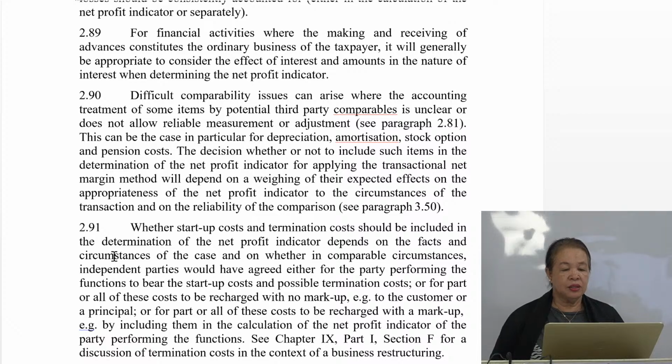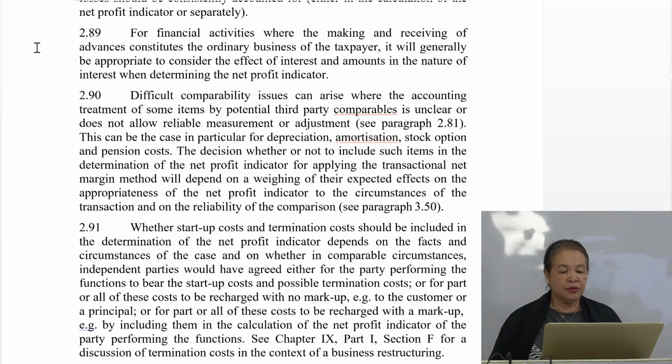So difficult comparability issues can arise where the accounting treatment of some items by potential third-party comparables is unclear or does not allow reliable measurement or adjustment. See paragraph 2.81. This can be the case in particular for depreciation, amortization, stock option, and pension cost.